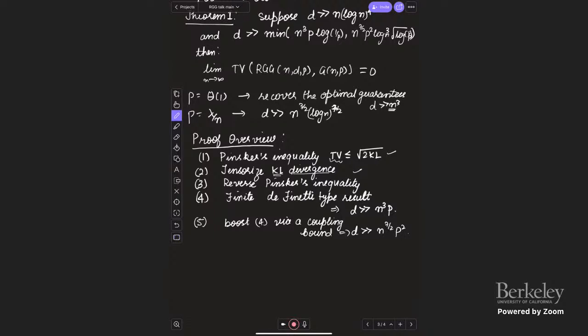But KL divergence has log terms, which is sort of unwieldy and too nonlinear. So we use reverse Pinsker inequality after we tensorize to get back to sort of a TV square kind of distance. And then the rest of it is our results, where we use finite de Finetti type results and coupling bounds to actually bound this reverse Pinsker inequality quantity.